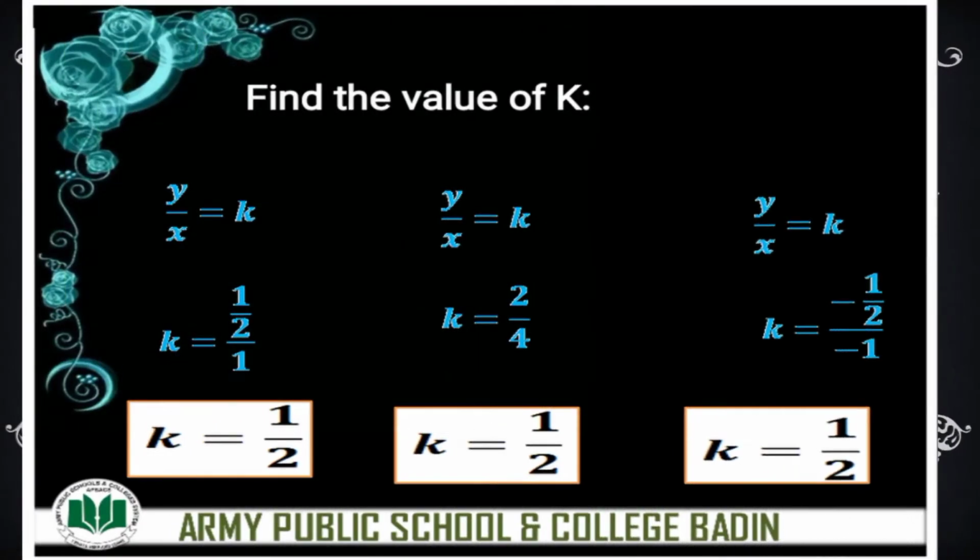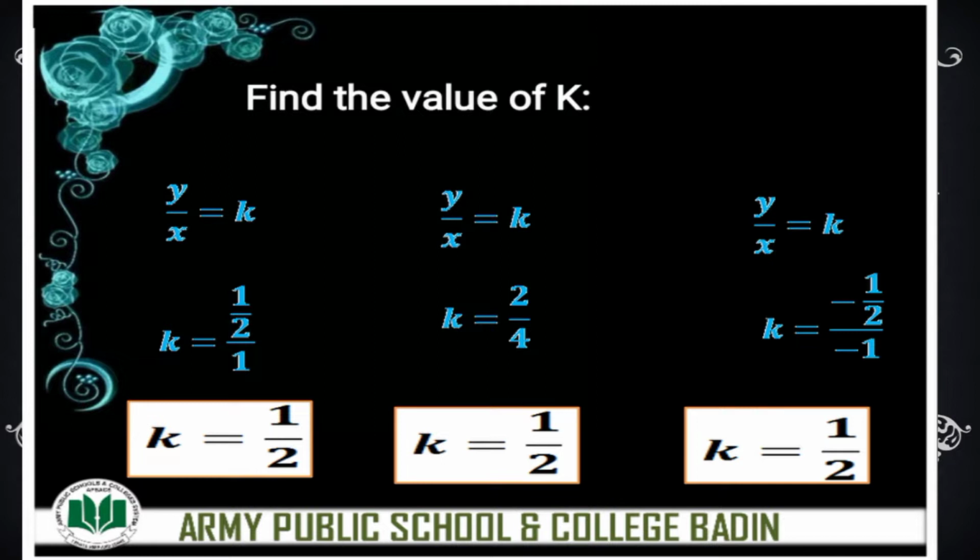So find the value of k. Suppose we have the variables, y upon x equal to k. This is our relation. When we put y equal to 1 upon 2 and x equal to 1, the answer will be 1 upon 2, so k is 1 upon 2 in the first case.